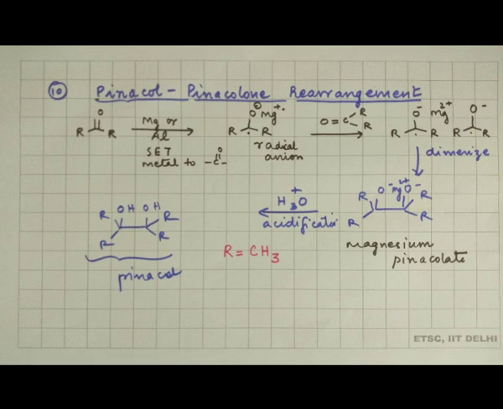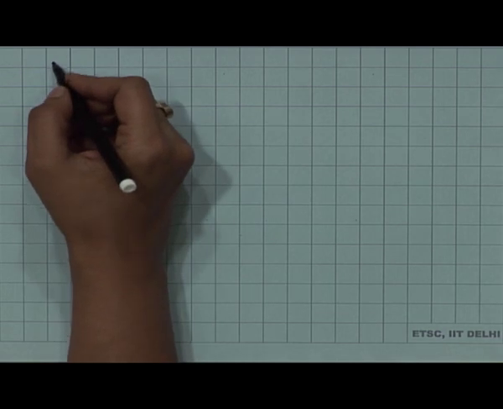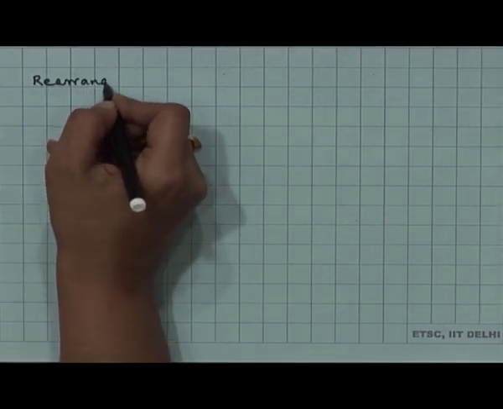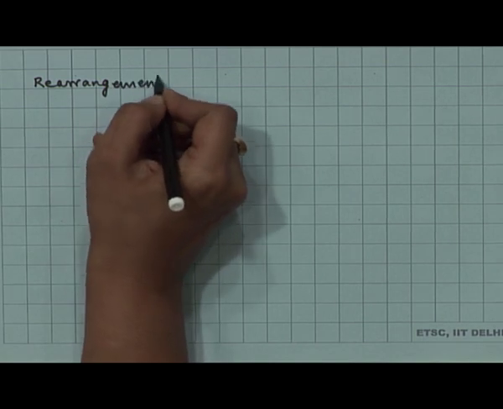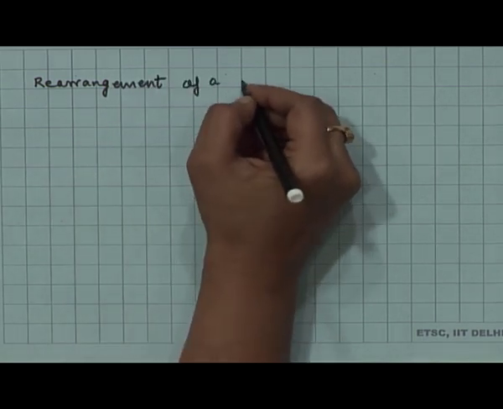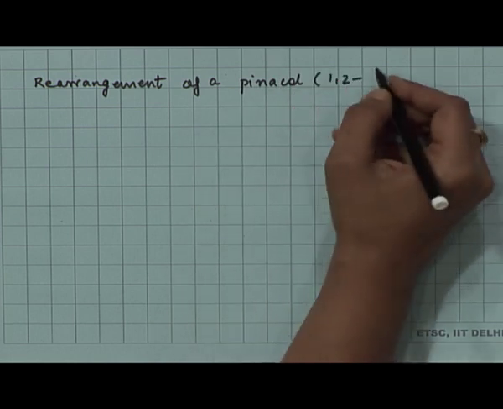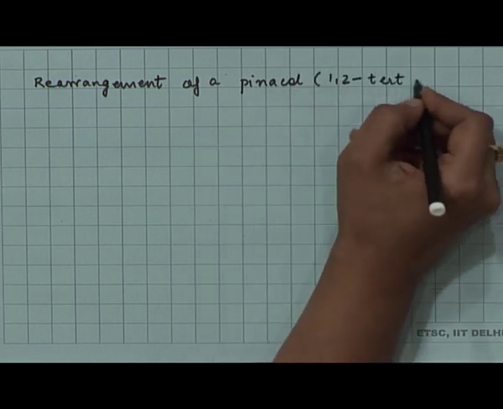we are learning now is how do these pinacols undergo rearrangement to give what we call as ketones, which are pinacolones. So, pinacol-pinacolone rearrangement is essentially the rearrangement of a pinacol, which we now know is a 1,2 diol, a 1,2 tertiary diol.